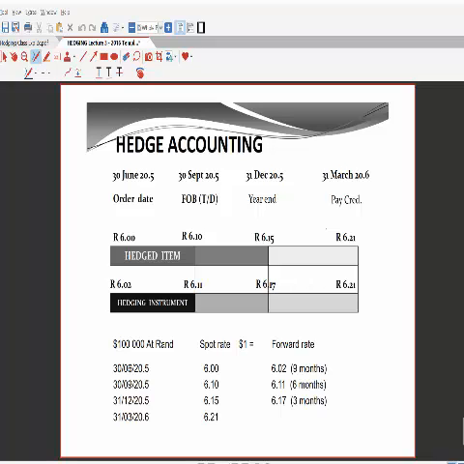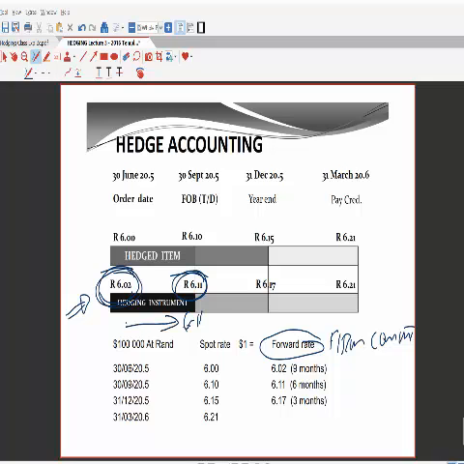So for that reason, and as I said before, even with a firm commitment, we have to use the forward rates. Now, if you would have purchased this asset at order date, you would have only paid 602. But now it's transaction date, and now the transaction is at 611. So your firm commitment made a loss of 9,000 rands.